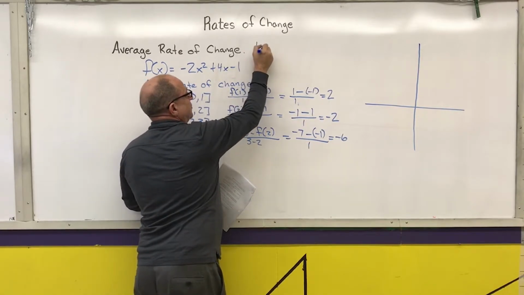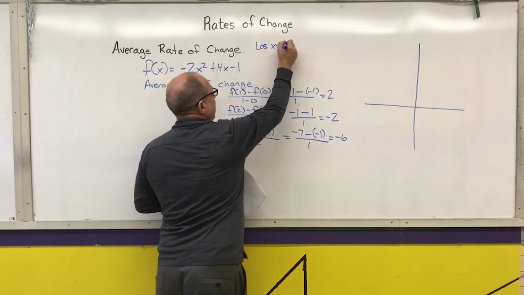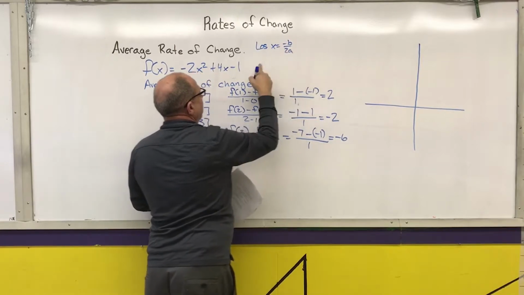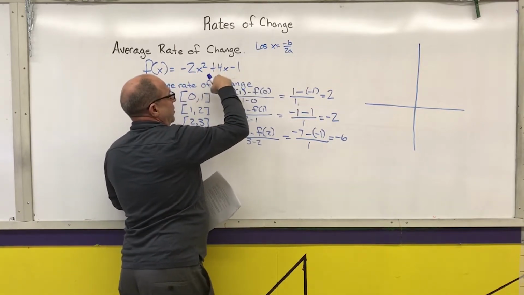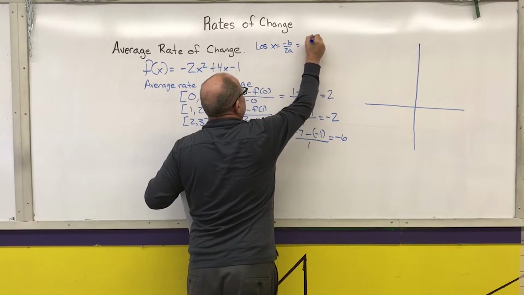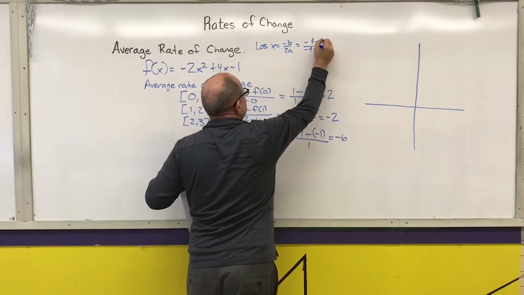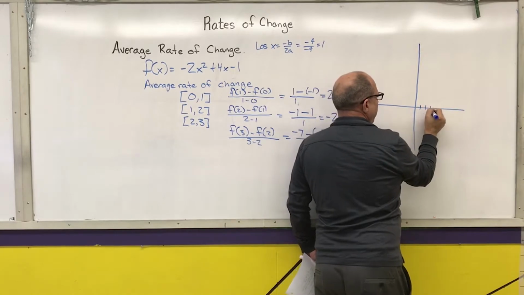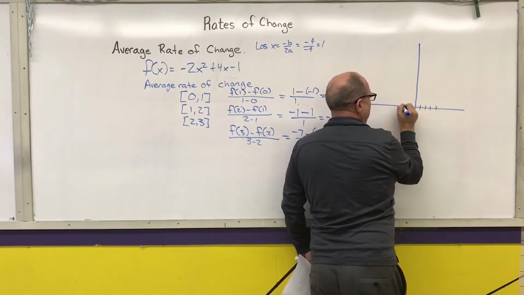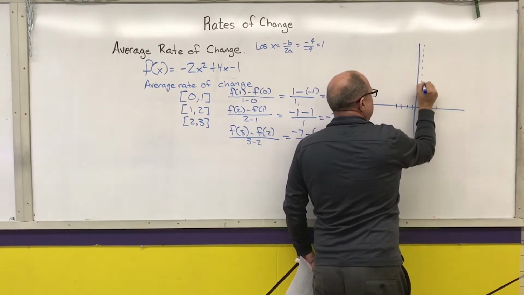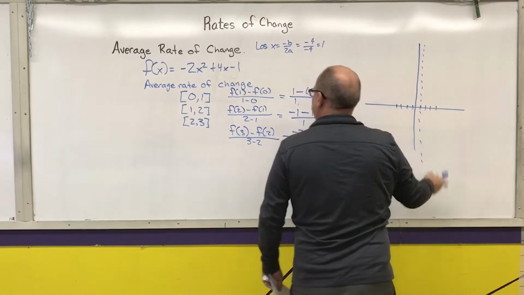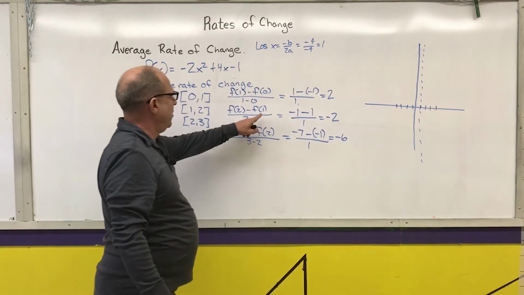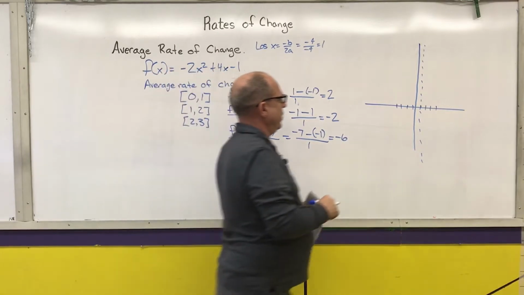So I'm going to put -4 over -4, which is 1. So I know my graph has its vertex at 1. I put a 1 into the function, which I've already done. Putting a 1 into the function, I get 1.